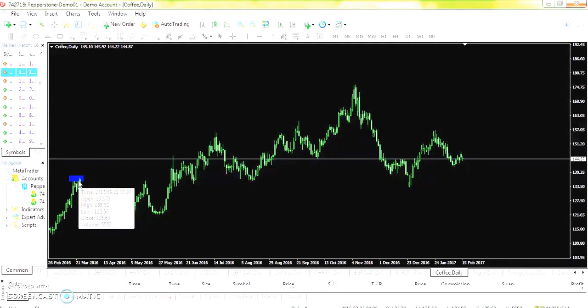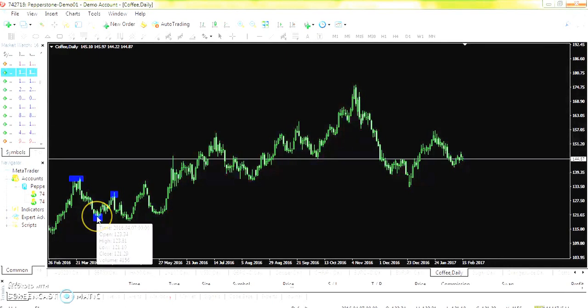This is the 22nd of March 2016's high price, where the price was rejected and made a low, and the low was exactly this point, right? So I would say this is the high, the low, right? After this it has the high, right? This I would call a lower high. Why? Because this high belongs to this low, right?